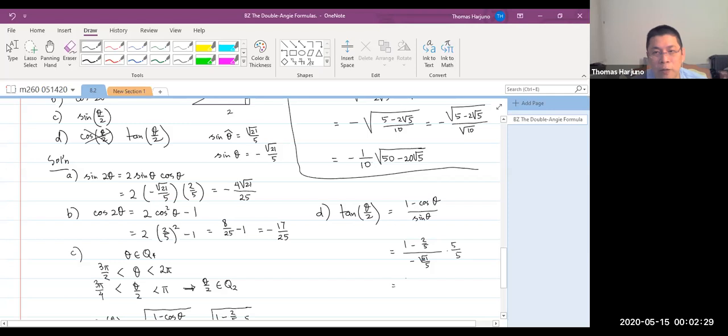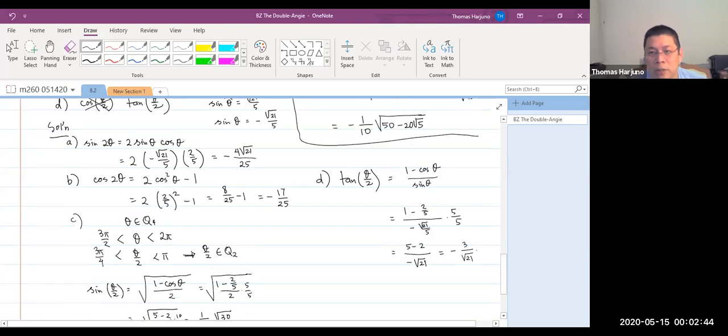That will give me 5 minus 2 over negative square root of 21. That's negative 3 over square root of 21. Right? Let me rationalize a bit further. Square root of 21 on top, square root of 21 at the bottom. I get negative 1 over 7 square root of 21. Now, that's for tangent theta over 2.